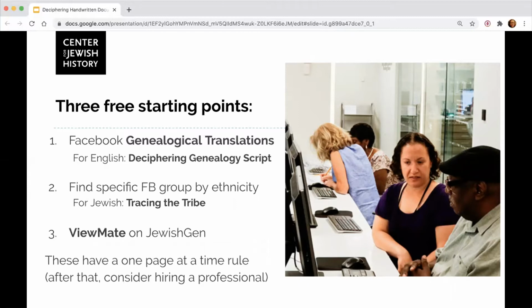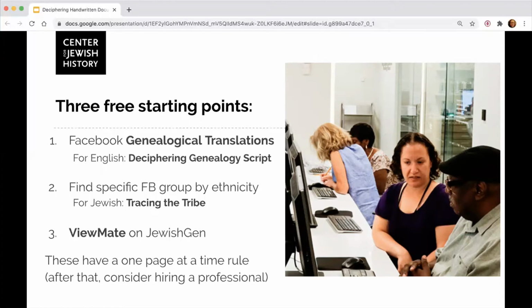The 3 free starting points that I'm recommending today, to start with, are Facebook groups. Some of them you might have to click and wait for the administrator to allow you to join. Some are public groups. Genealogical Translations is the first group that I recommend.